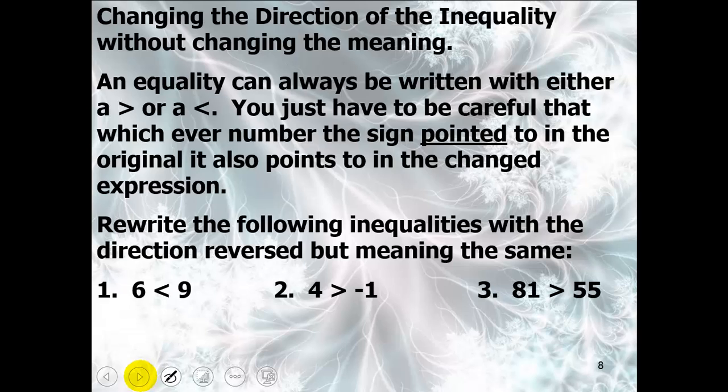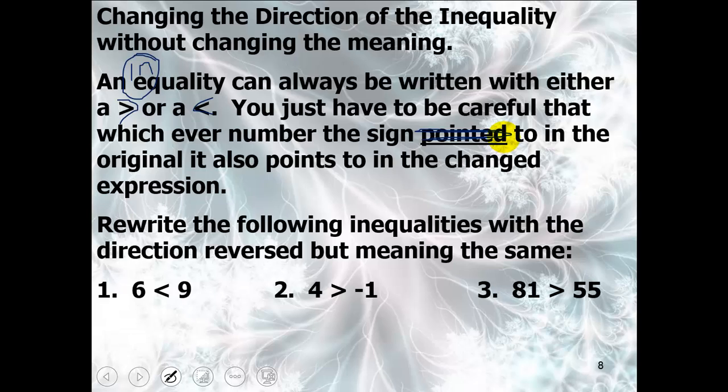So an inequality can always be written, make sure you change that on your notes, can always be written with either a greater than or a less than, and this includes the equal to part too. You just have to be careful that whatever number the sign is pointing to, the smaller number in the original, the new sign or the flip sign points to in the changed expression.